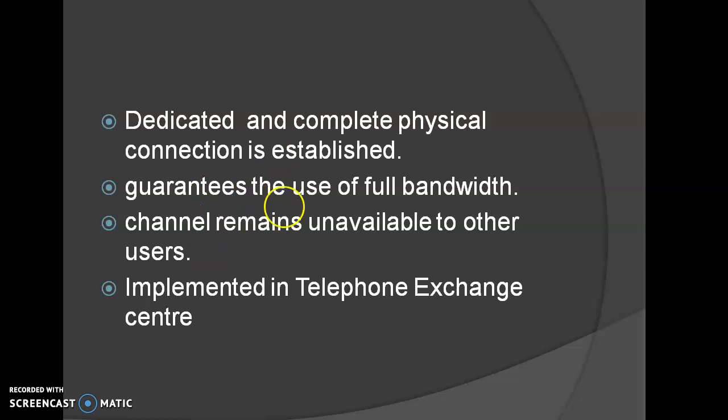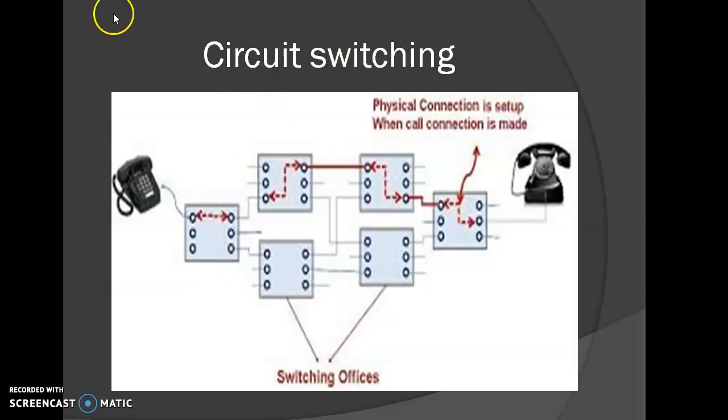Now the main problem with this is, suppose you are not making any call. Because this route has been allotted to you to make a call from this side to this side, even if you are not talking to this person, this route will be dedicated only to you making a call to this person. This route cannot be used even if you're not speaking to this person.